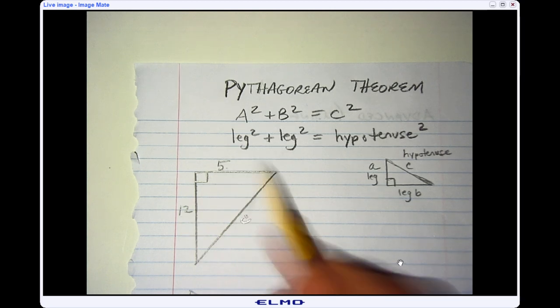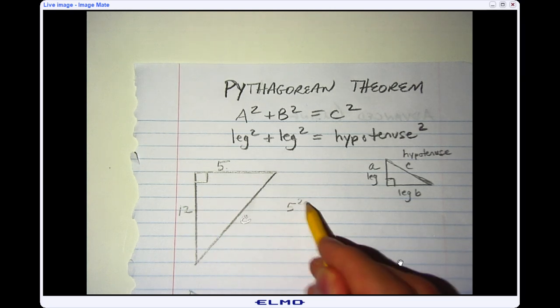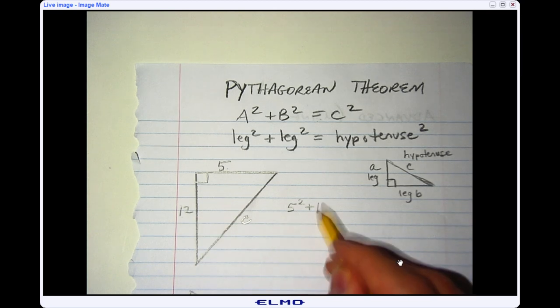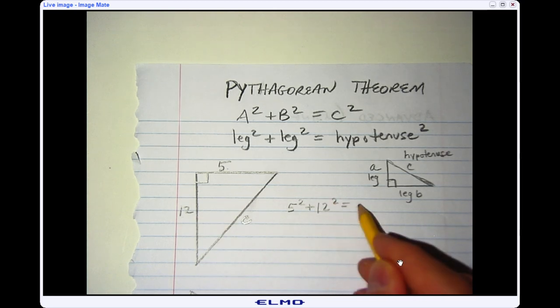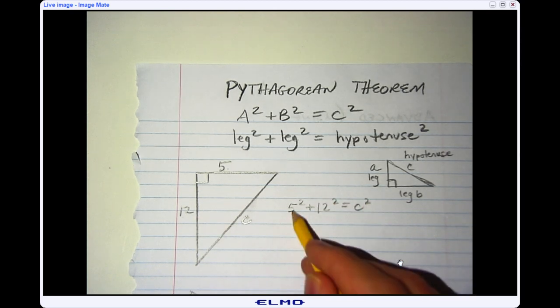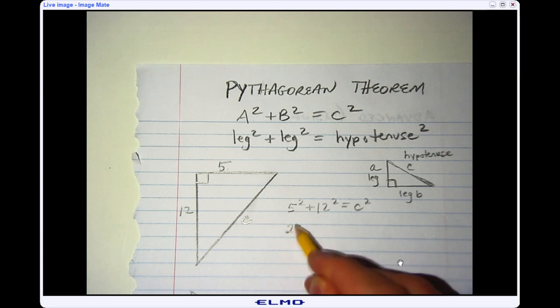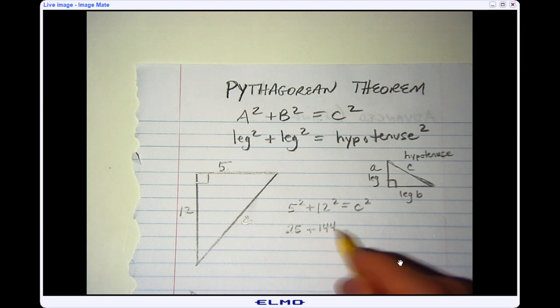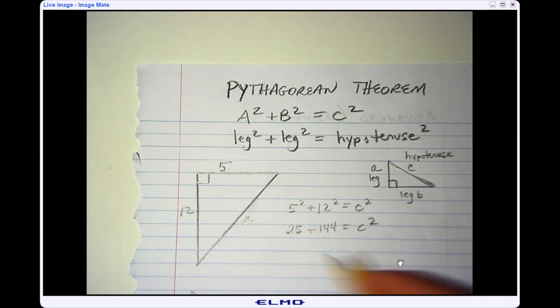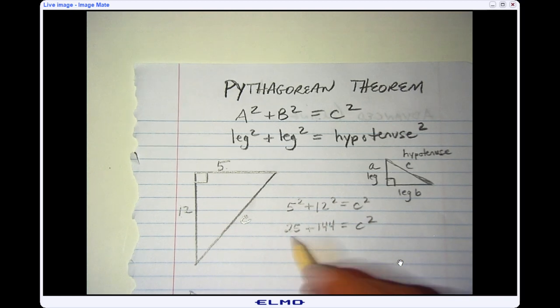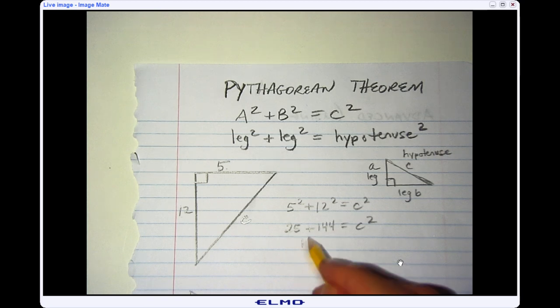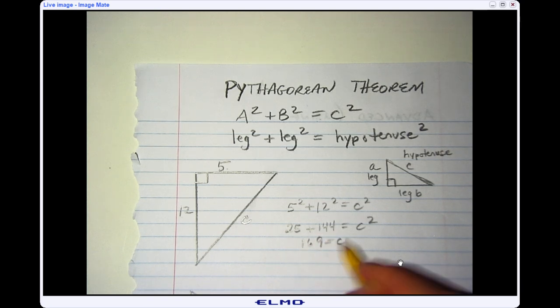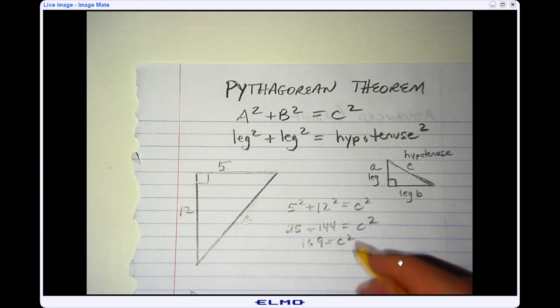So I'm going to go 5 squared plus 12 squared equals c squared. Well, 5 squared is 25, and 12 squared is 144, equals c squared. If I add these together, 144 plus 25 is 169. So I have one more step in backtracking.